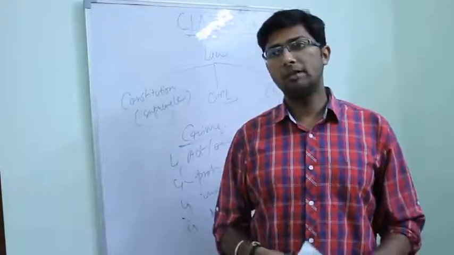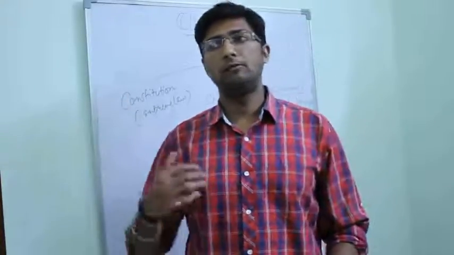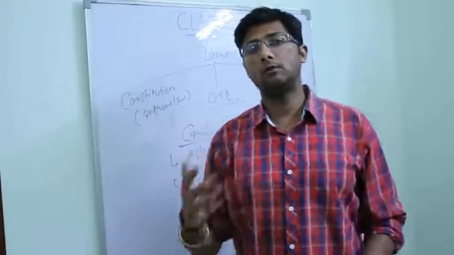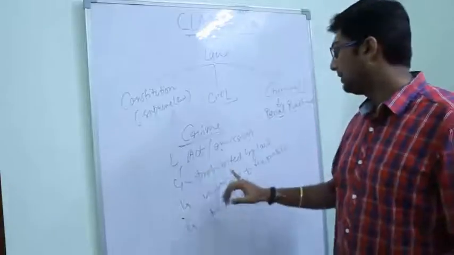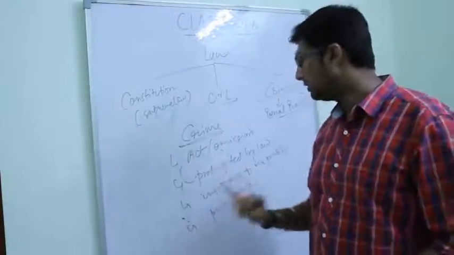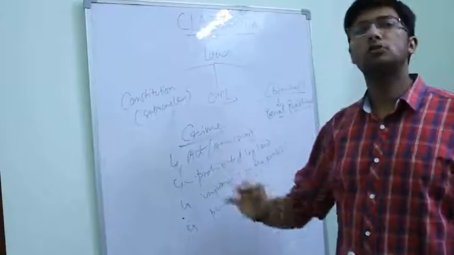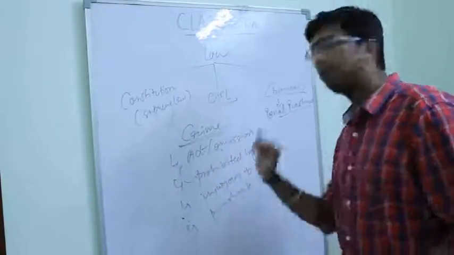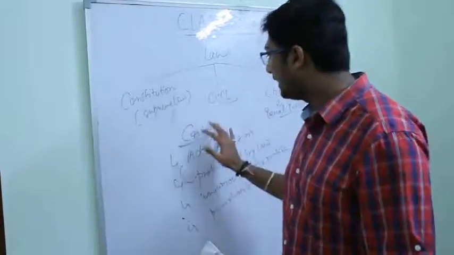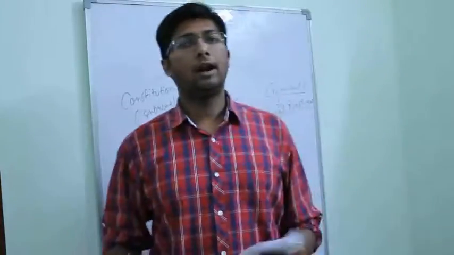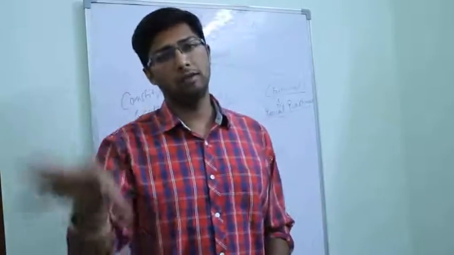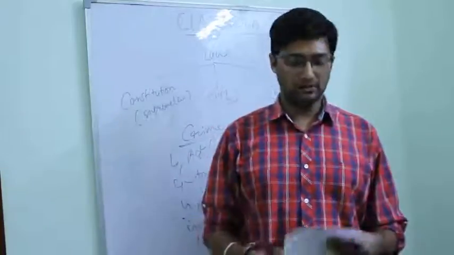So for example, if I slap someone with the intention of causing him hurt, then my act, since there is an act, is prohibited by law, that is under section 319 of IPC. It is injurious to someone else, and there is a punishment of a maximum of 1 year prescribed. That is why it becomes a crime. And all those acts which have been categorized under IPC are criminal acts.